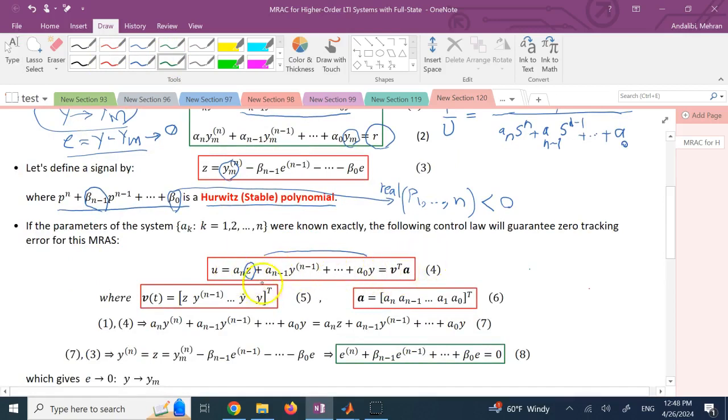this u that you see here, an times z all the way to a naught times y, we can also write as a product between a parameter vector a, where a has all of these parameters in it, an minus 1 all the way to a naught, and v, a variable term involving z and then y to the n minus 1 all the way to y dot and y.